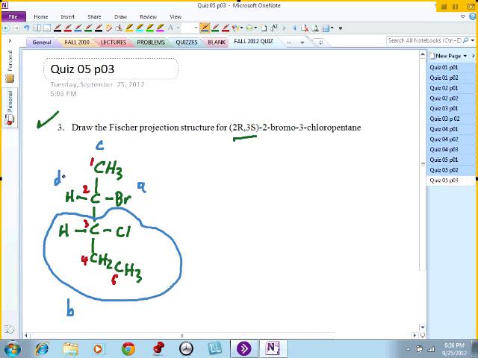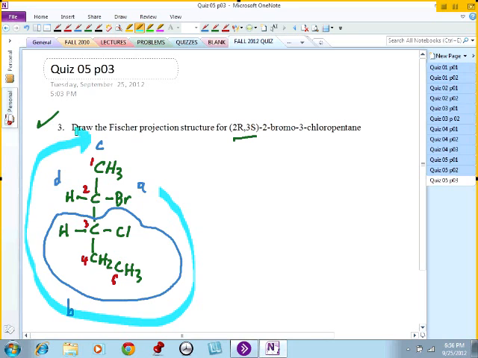Now, you want to make your motion. We make our motion from where? From A to B to C, ignore group D, right? Okay, what motion is that? Clockwise. So that is a clockwise motion, which will be R. However, what is the caveat?